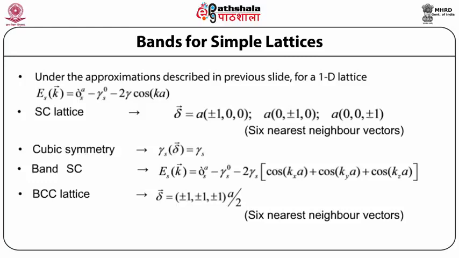Finally, for a BCC lattice, the nearest neighbor vectors are the small delta vector equal to plus minus 1, plus minus 1, plus minus 1, into A divided by 2.